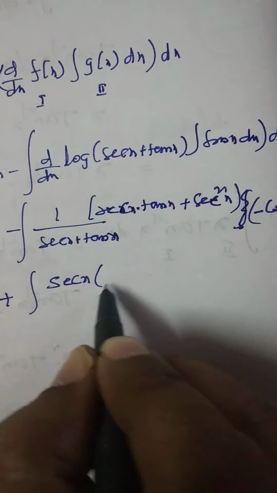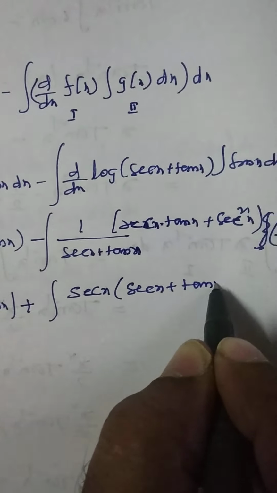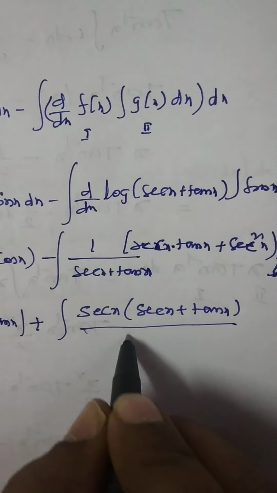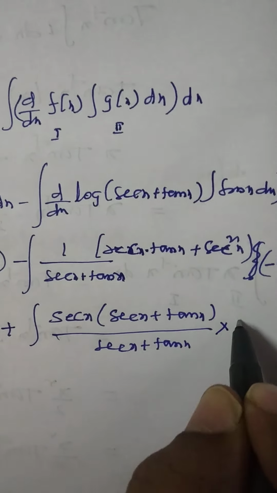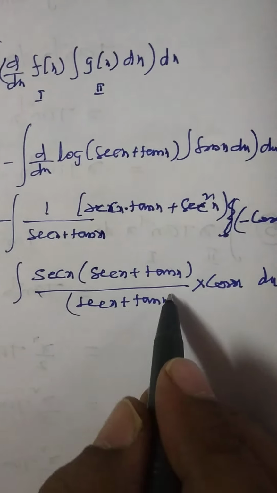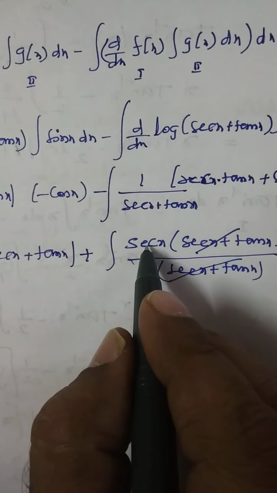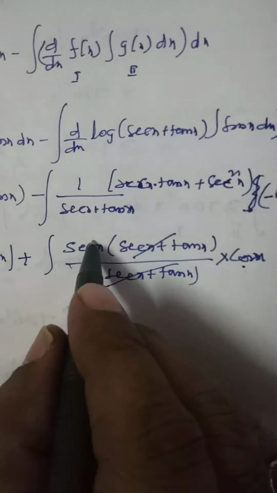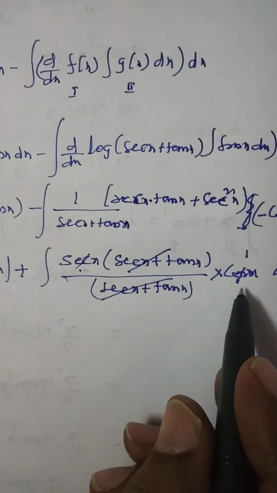If I take secant x common, we will be left with secant x plus tan x only, divided by secant x plus tan x, into cos x dx. Now observe this: secant x plus tan x gets cancelled, and along with that secant x into cos x becomes equal to 1. Secant x into cos x is equal to 1.